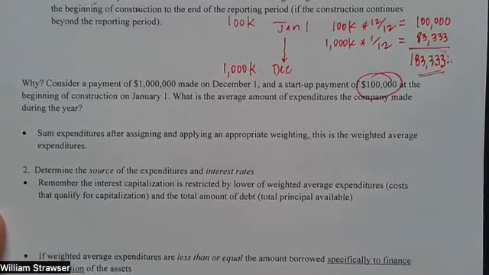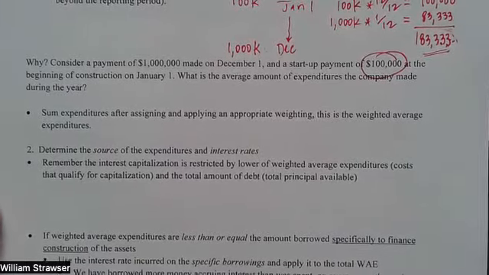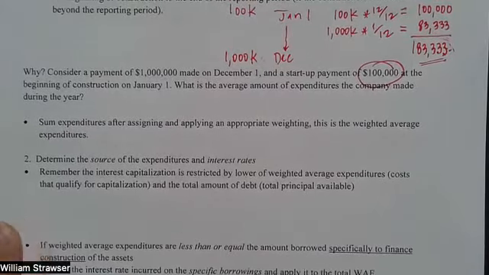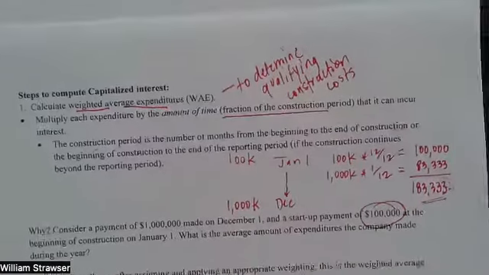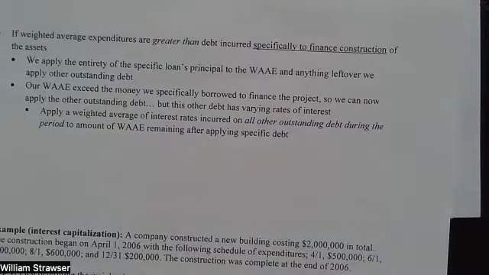And then if there's anything left over, you apply it to the loans that are not specifically borrowed to fund the project. If it's the weighted average method, then you just weight the loans that you have, whether they're specific or non-specific, you weight them all together and then apply this to the weighted average of those loans.